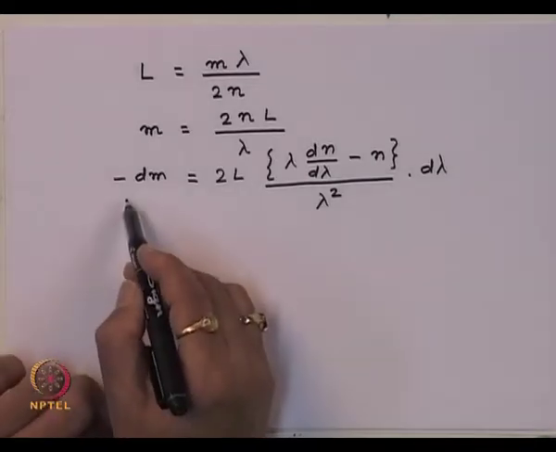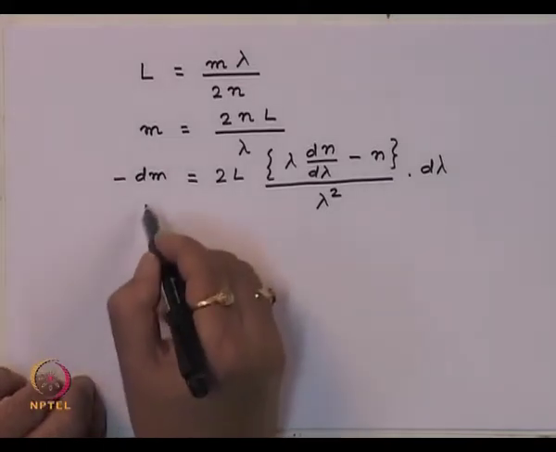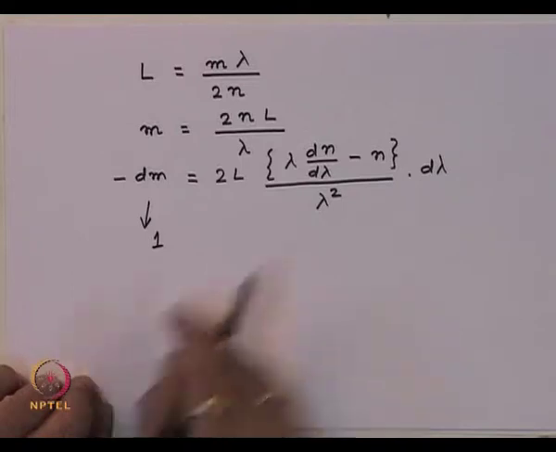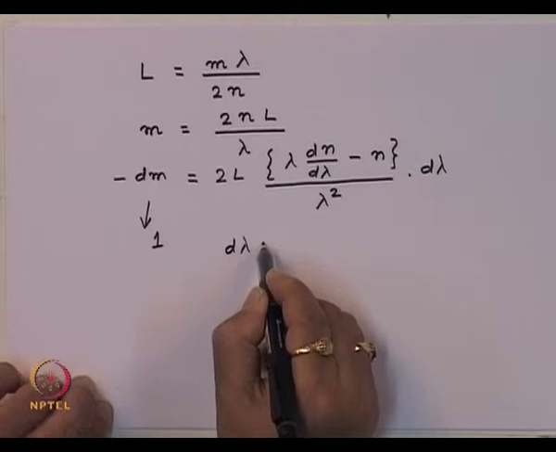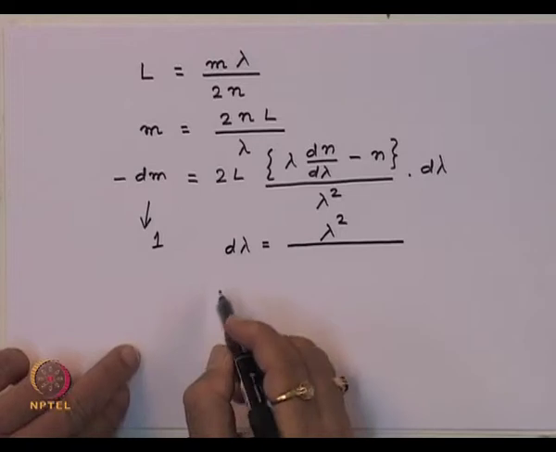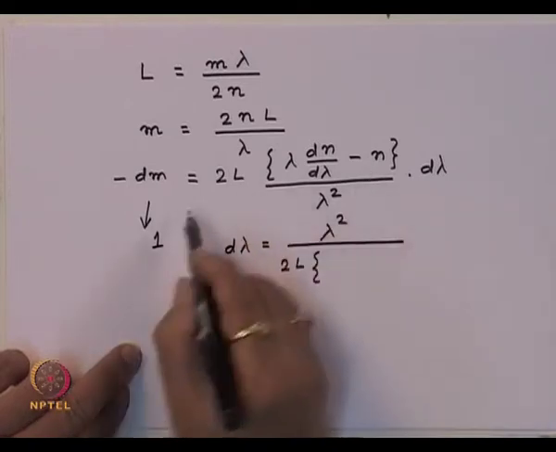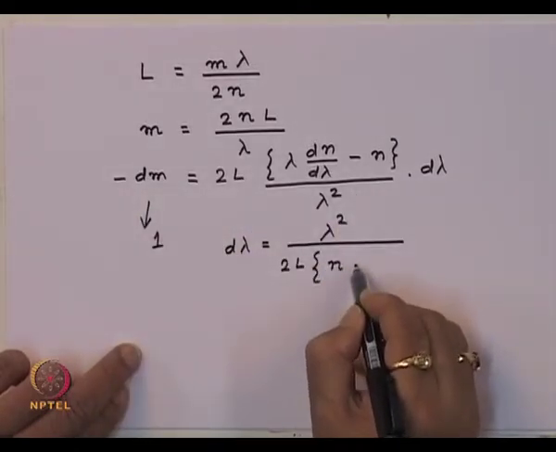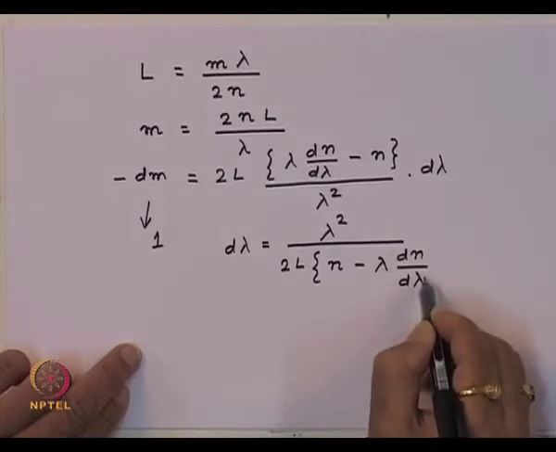Again for the adjacent mode, this quantity dm is equal to 1. So, we put it equal to 1 for the adjacent modes, and then inverting the relation, one can get d lambda which is equal to lambda square divided by 2L, with the negative sign here, so there is n minus lambda dn by d lambda.